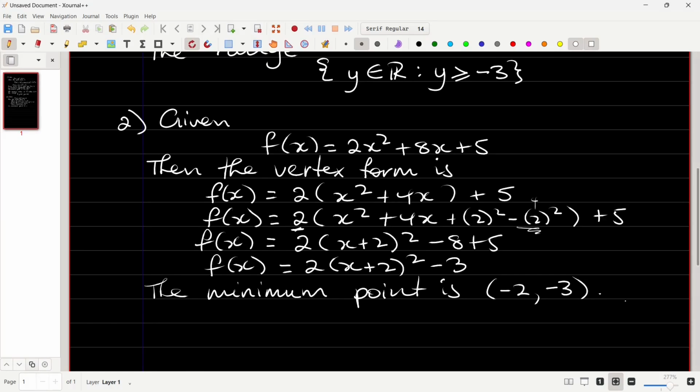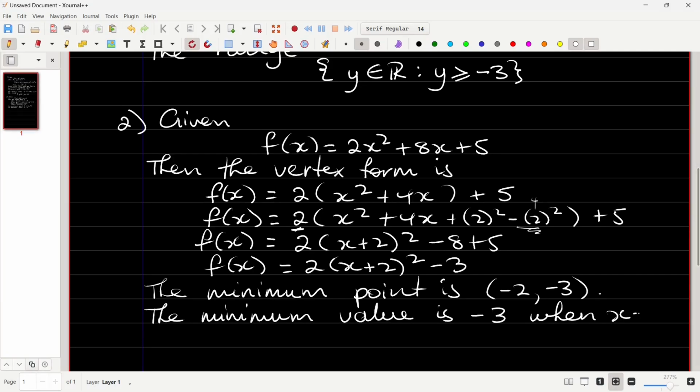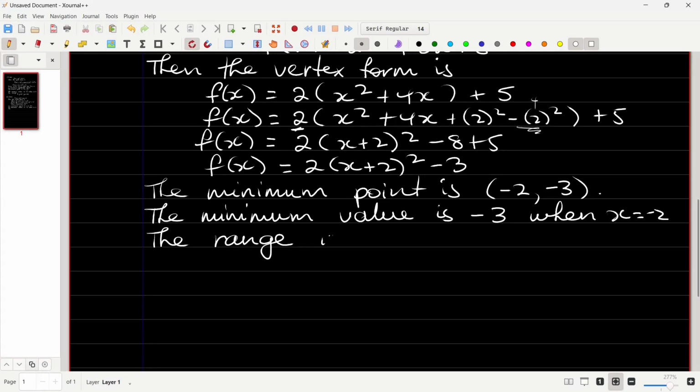So the minimum value is negative 3 when x is equal to negative 2, and the range is all y values, that is, y that belongs to the set of real numbers such that y is greater than or equal to negative 3. Right? Remember, once it's a minimum, everything has to be greater than that value.